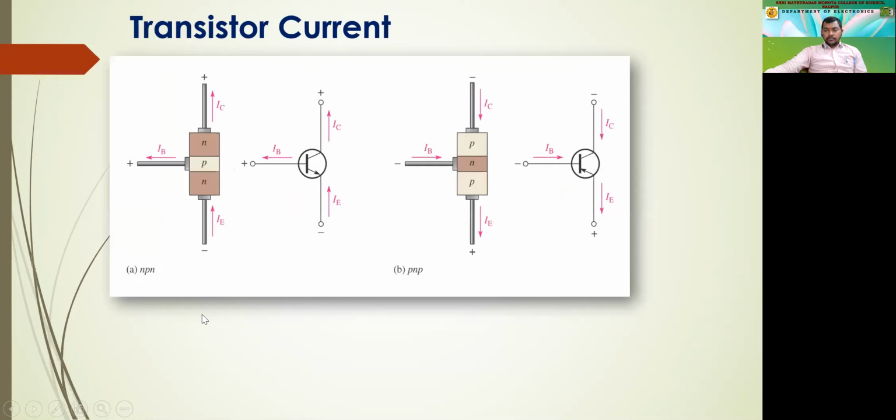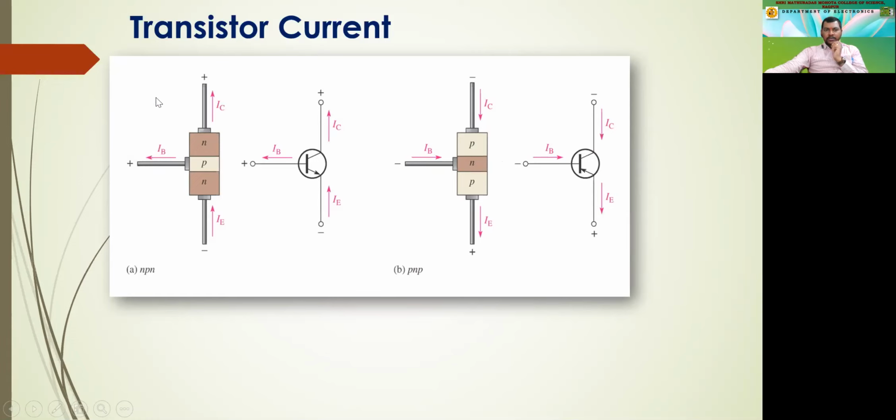We use simple nomenclature: the base current is I with suffix B, the collector current is I with suffix C, and the emitter current is I with suffix capital E. For NPN and PNP transistors, the base current and collector current move inside, and the emitter current comes outside of it.